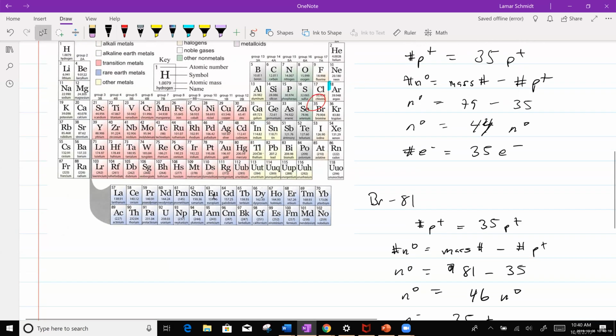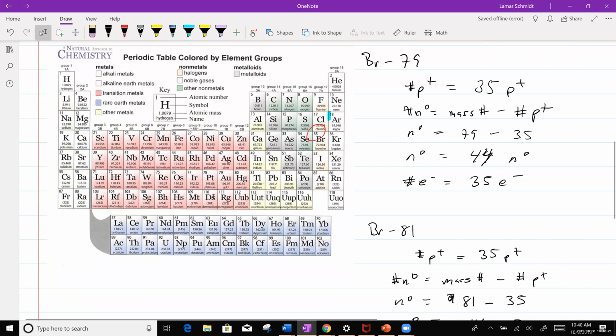So what's the difference between bromine 79 and bromine 81? Well, let's look at that. Bromine 79 has a mass number of 79. Bromine 81 has a mass number of 81. Now, why is their mass number different?